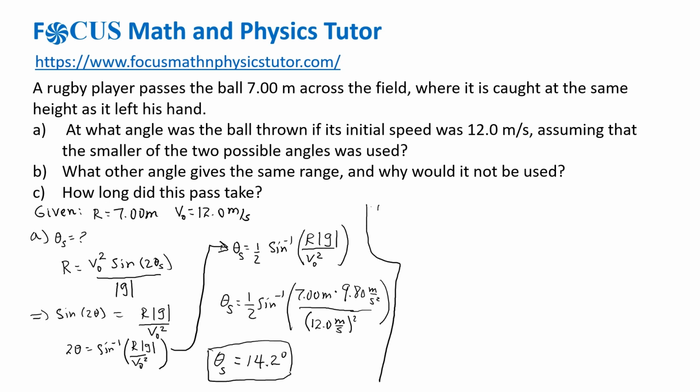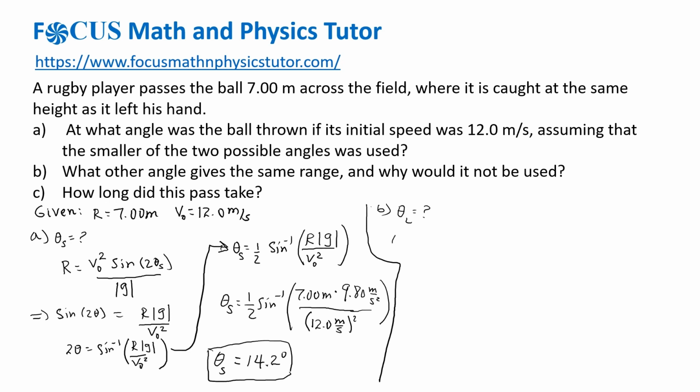B. What other angle gives the same range? So theta L. Alright, and we know that complementary angles have the same range. Complementary angles are angles that add up to 90 degrees.